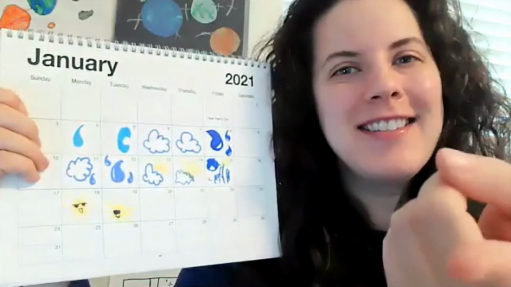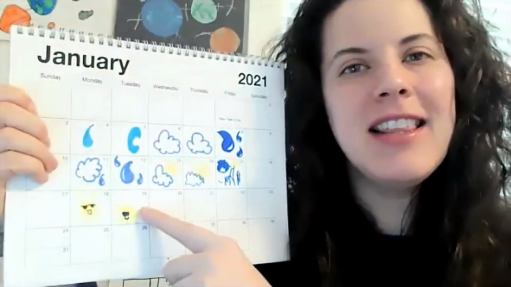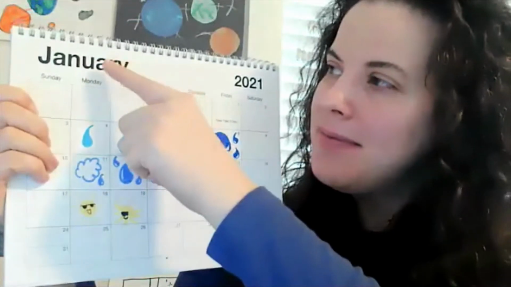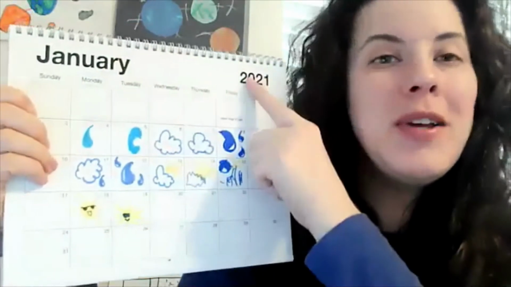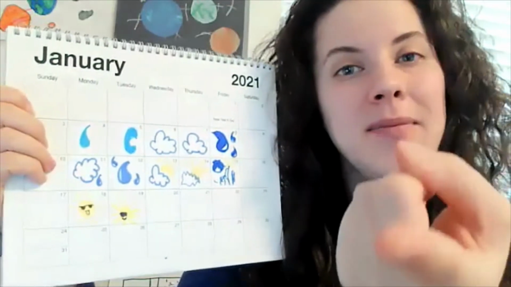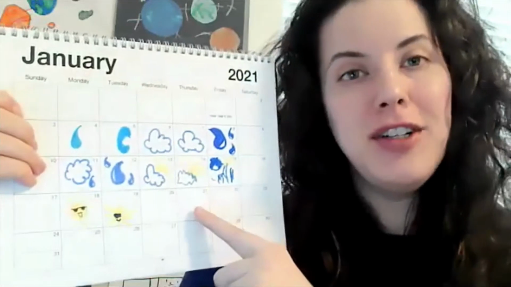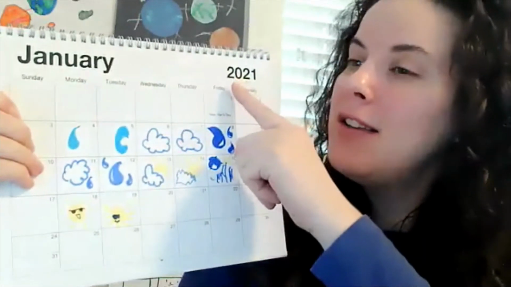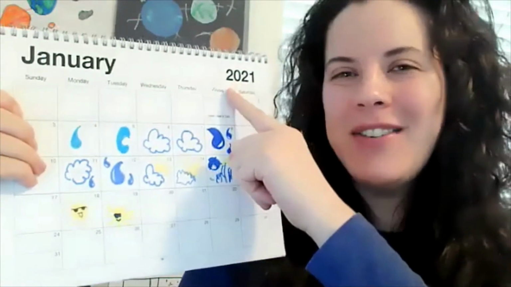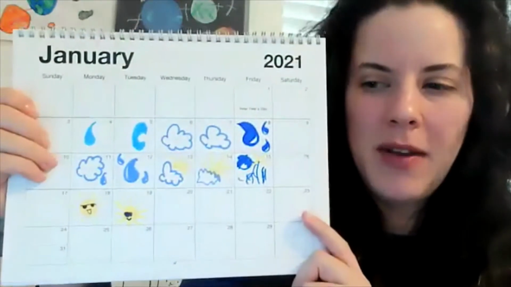Yesterday was Tuesday, January 19th, 2021. Tomorrow will be Thursday, January 21st, 2021. You can also say 2021.